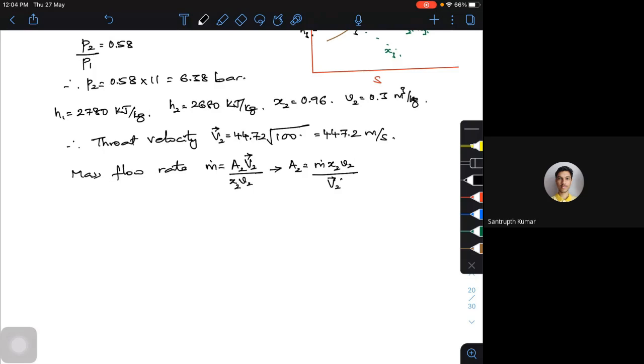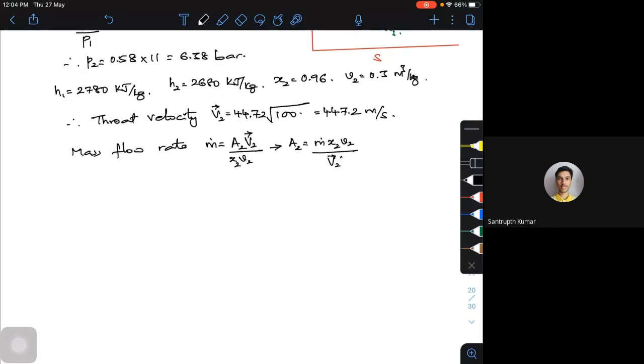Now I am going to get everything in terms of m dot. So therefore A2 is equal to m dot into 0.96 into 0.3 divided by your capital V2, that is 447.2.